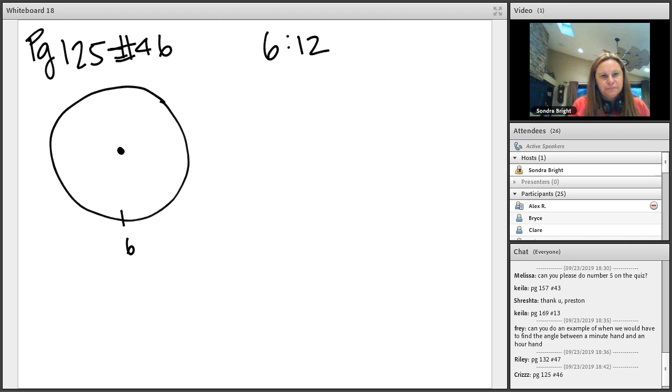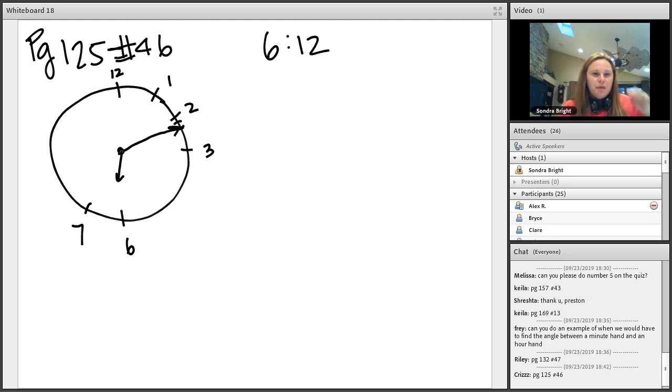So, 1, 2, 3. Okay. And then here's the 7. So 6:12 means that your minute hand is pointing there. And then your hour hand is no longer pointing directly at the 6. It's kind of moved past it a little bit, but we don't know how much, right?